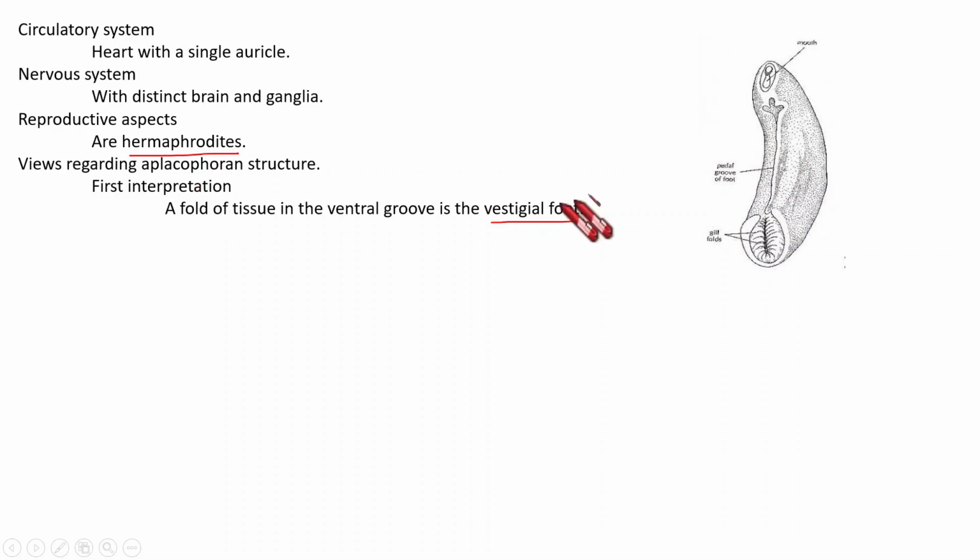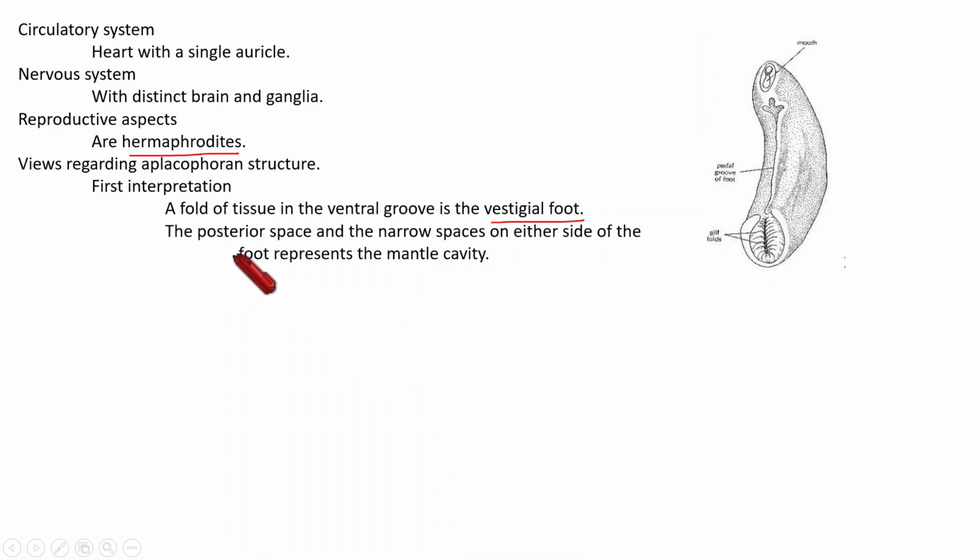And the narrow space on either side of that foot represents the mantle cavity. In that way they are emphasizing that a mantle cavity is also present for this Aplacophora.